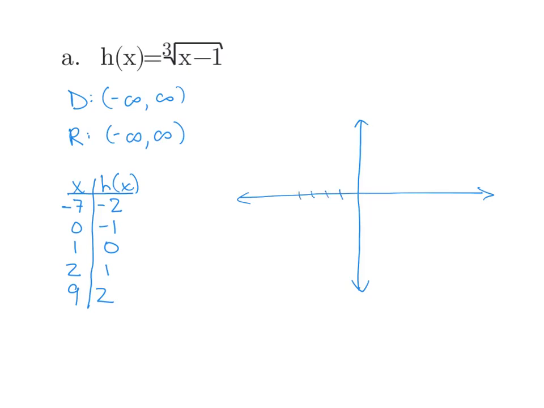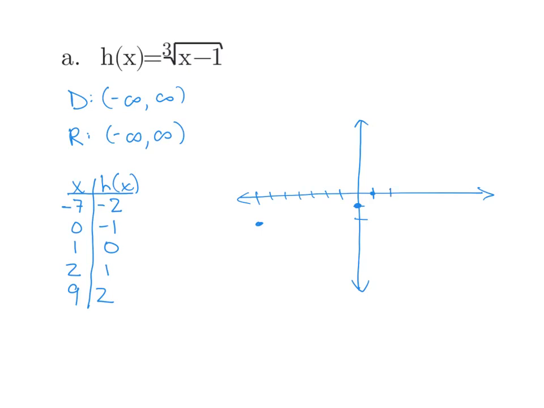We're going to go 7 to the left and 2 down. 0, -1 is going to be, we do not move left or right, we're going to go 1 down. 1, 0, we go 1 to the right and stay there.